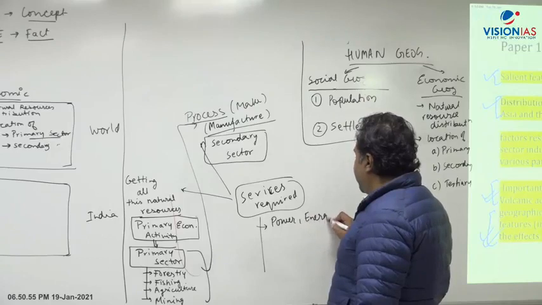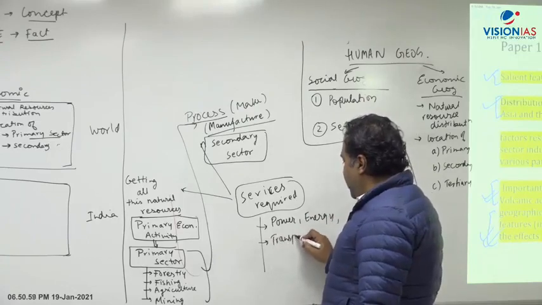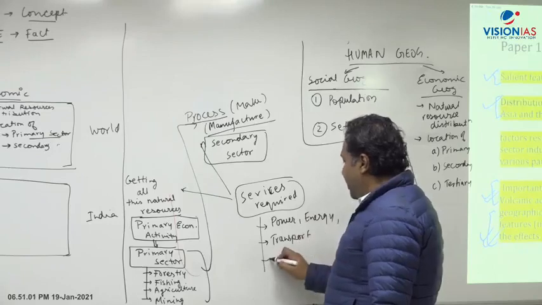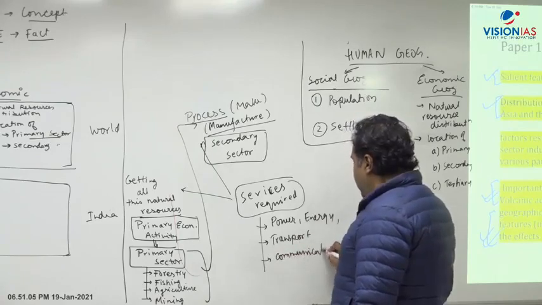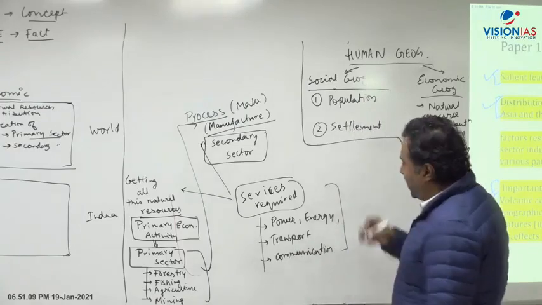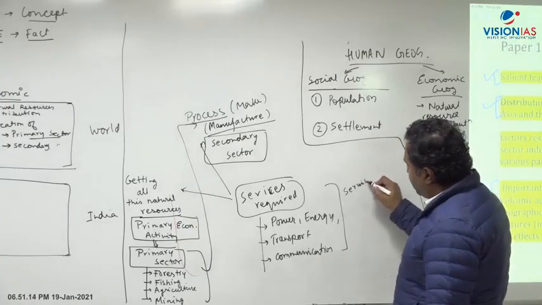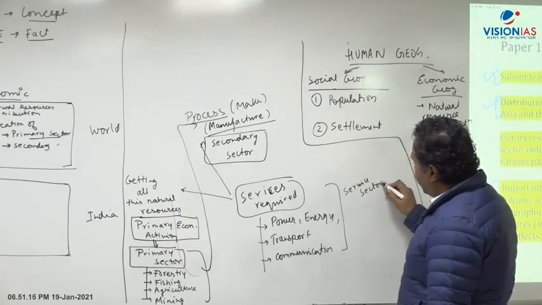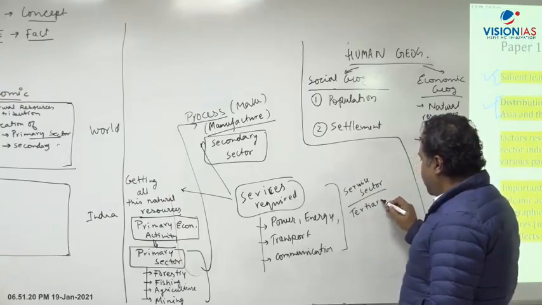These are some services that you need. You need transport for manufacturing and collecting. You need communication. Okay. So when you talk of these things, this collectively is called the service sector, and another word for this is tertiary sector.